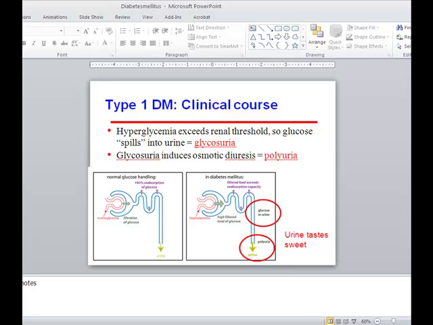So that is going to pull more water from the body into the renal tubule, and these individuals are going to urinate large volumes of fluid, and so there is glycosuria and polyuria. Glycosuria is sugar in the urine, polyuria is increased volume of urine. The urine tastes sweet.